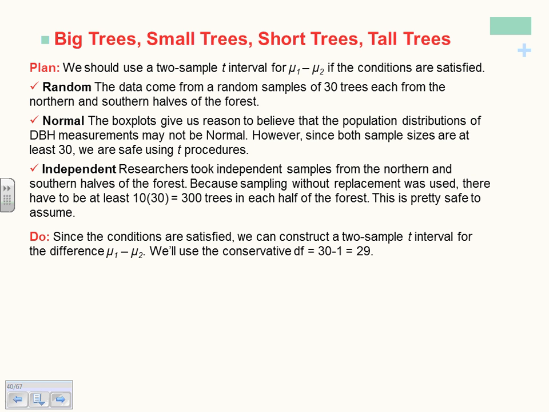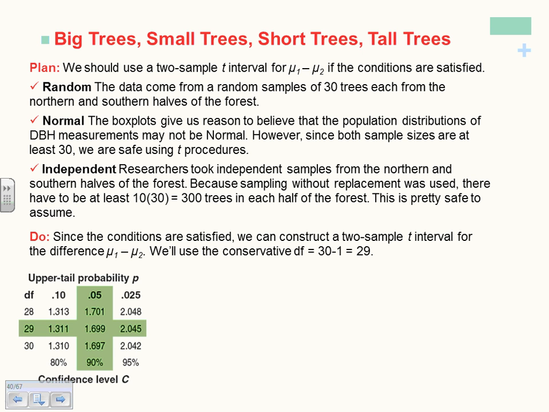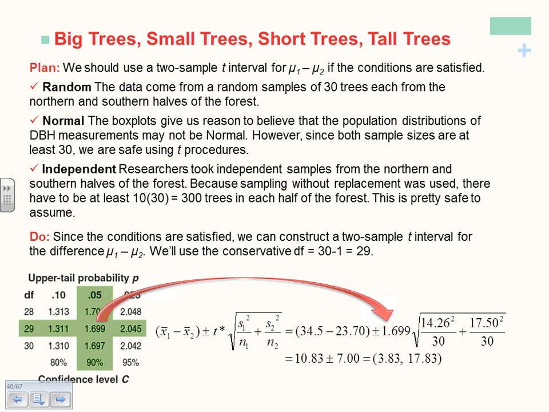So since the conditions are satisfied, we can construct our two-sample T interval. So we know our mu sub 1 minus mu sub 2. We can look in our chart for our T star. Degrees of freedom would be 30 minus 1. And we're at a 90% confidence interval, and I always go up from 90 and your degrees of freedom to the right, so that would be the one that you'd want here.